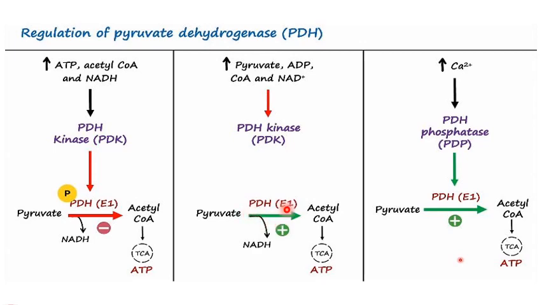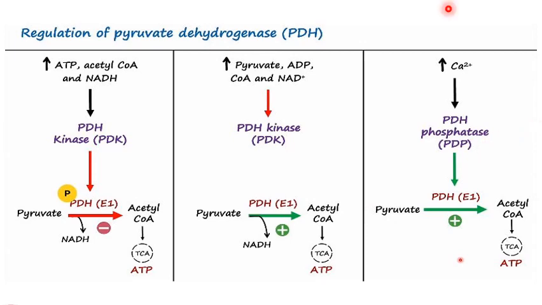Nothing will be there to phosphorylate the PDH. But there is another case where the body needs to generate energy. For instance, the heart continually beats, and whenever the muscle contracts, it releases calcium ions. The heart needs energy all the time. So even when there is phosphorylation, the body has a mechanism that allows pyruvate to form acetyl-CoA.